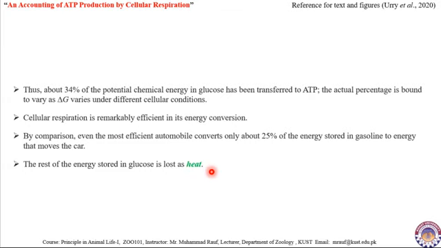So if all the energy in glucose is derived only in a single step, then a major chunk of this energy will be lost as heat. But now, because the process occurs gradually in so many steps, the conditions are feasible for the cells to accumulate this energy, which is being produced slowly and gradually.